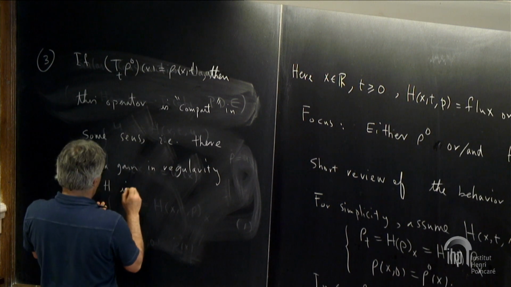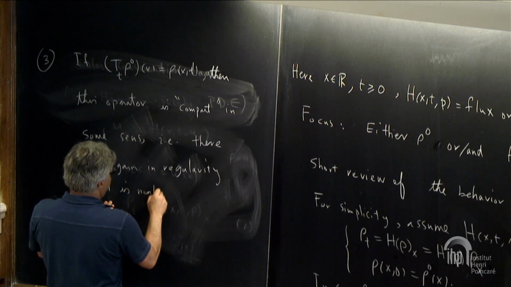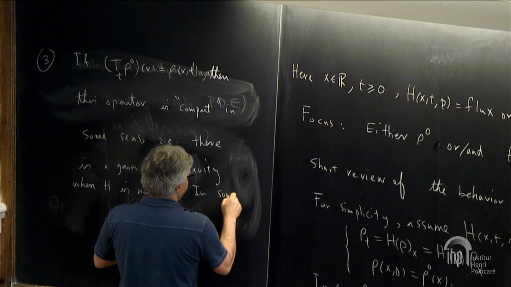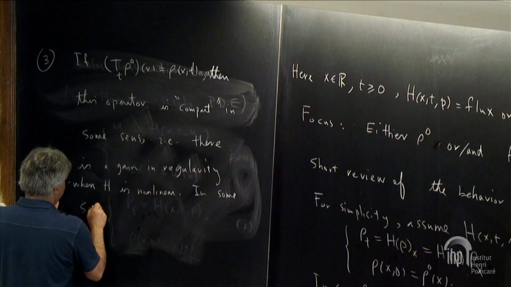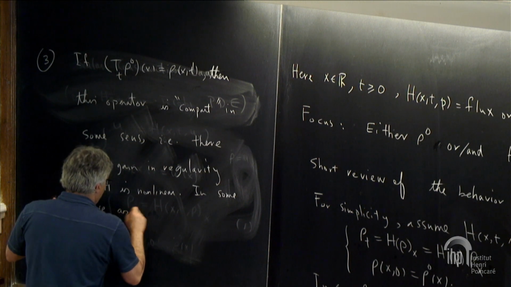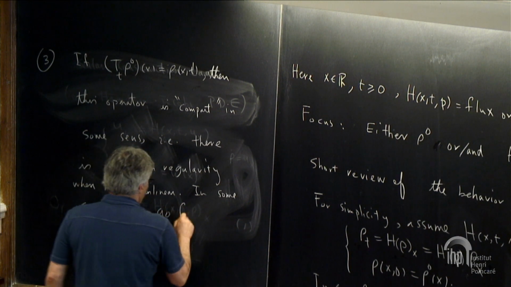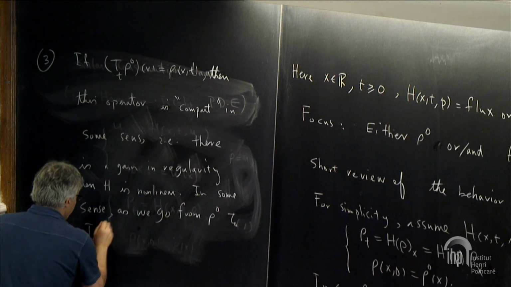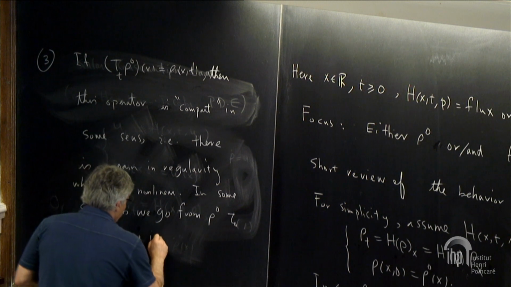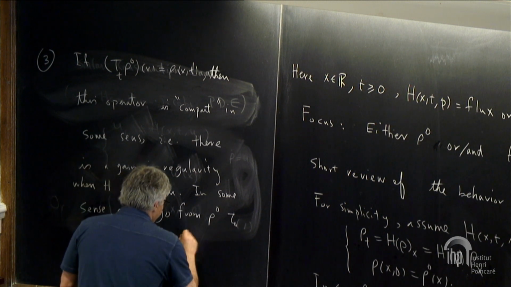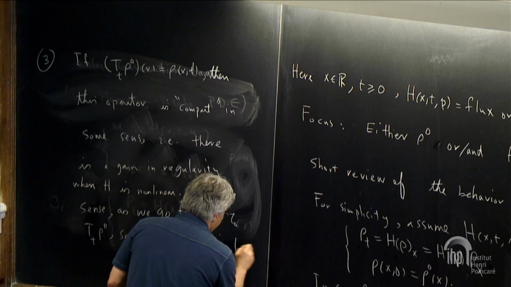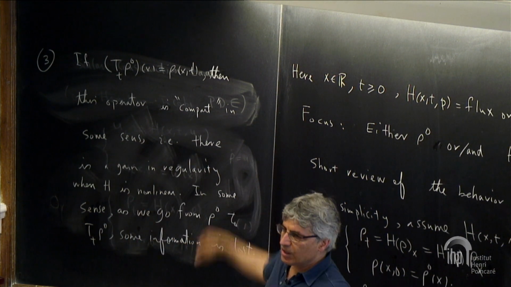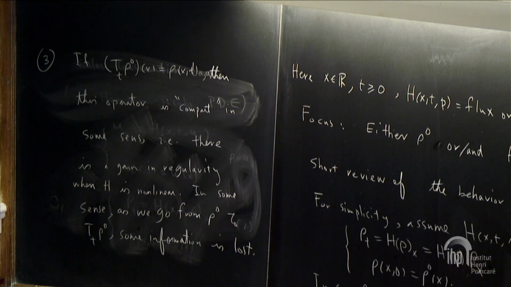In some sense, as we go from rho 0 to T rho 0, some information is lost. Okay, so this is just some general review for scalar conservation laws.